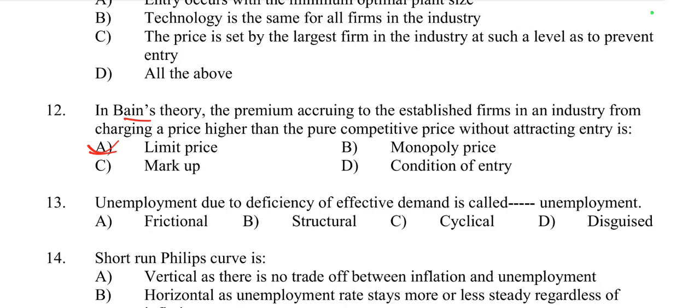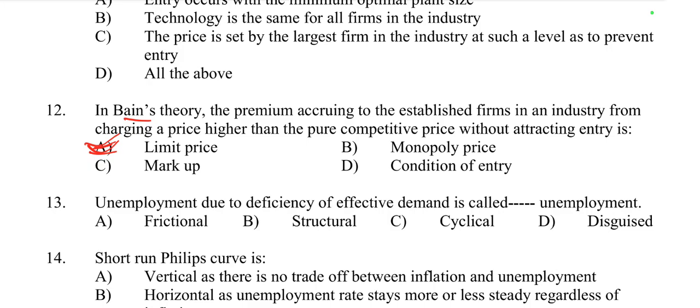A limit price is the price set by an established firm to deter potential new entrants from entering the market by setting a price low enough to make entry unprofitable for potential competitors, but still above the competitive level. Established firms can maintain higher prices and profits while preventing new competitors. So limit pricing is the right option.